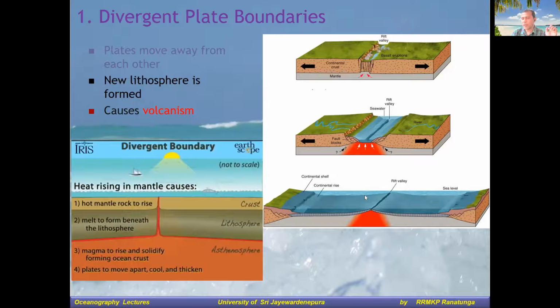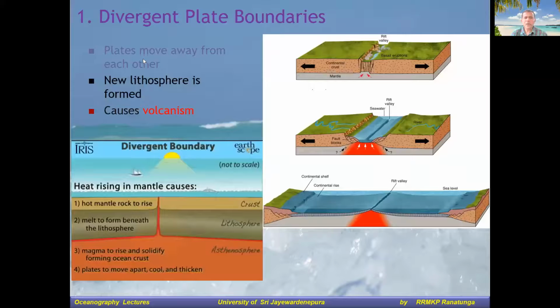But remember, earlier I told you that the oceanic crust is usually younger. It is younger because it's continuously forming, especially from the mid-ocean ridges, where new ocean floor is forming, right? And that's why we call it younger. I'll come to this later on when maybe we have time.